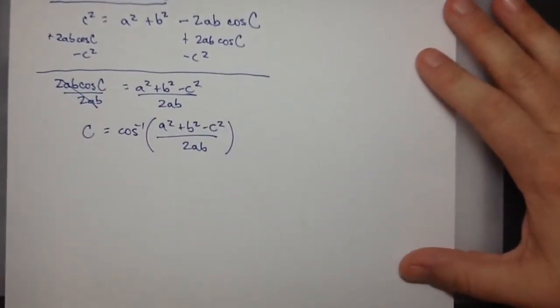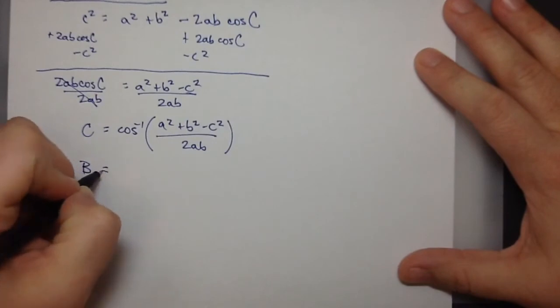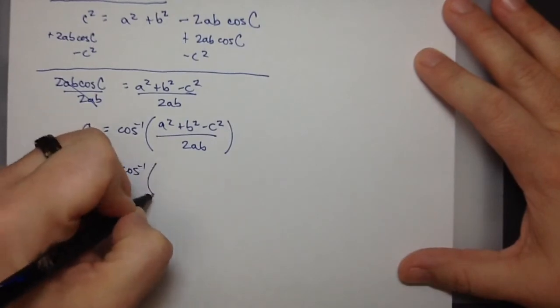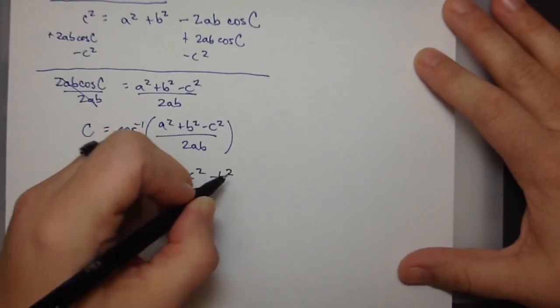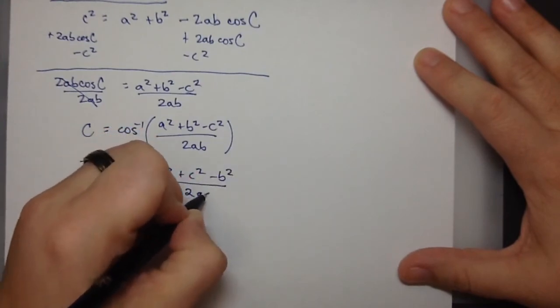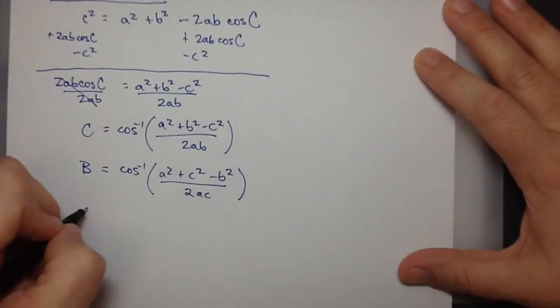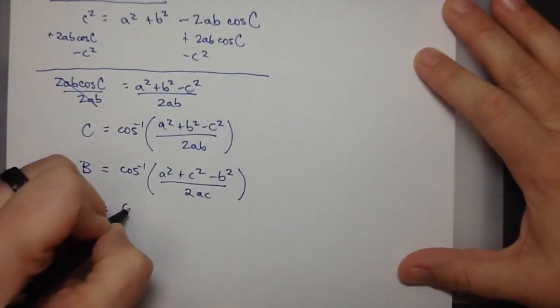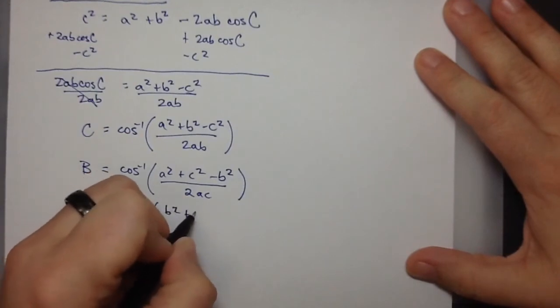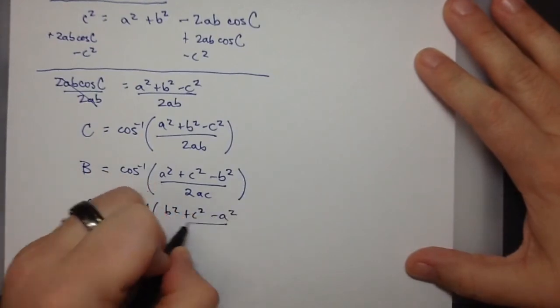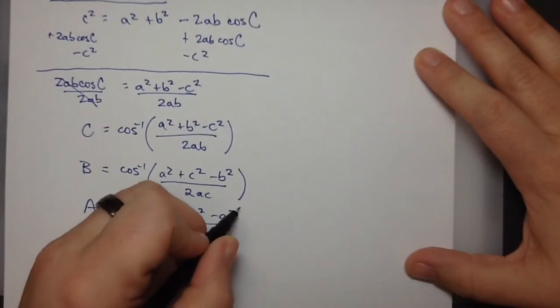Similarly, by doing the same algebra, B is going to be the inverse cosine of a squared plus c squared minus b squared over 2ac, and A is going to be the inverse cosine of b squared plus c squared minus a squared over 2bc.